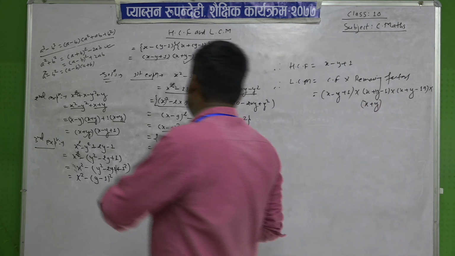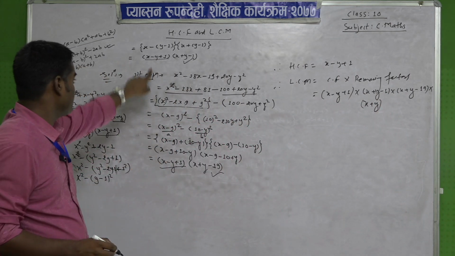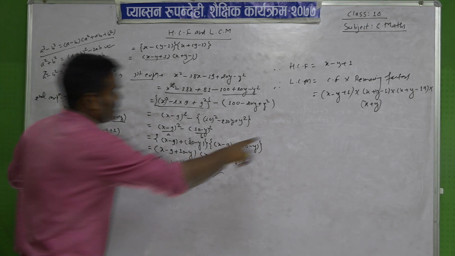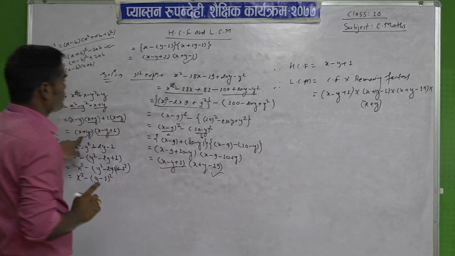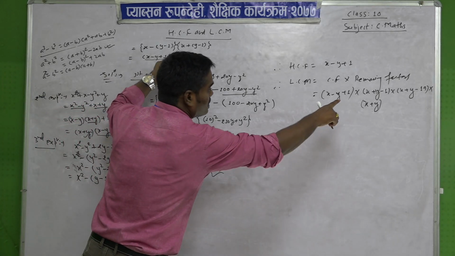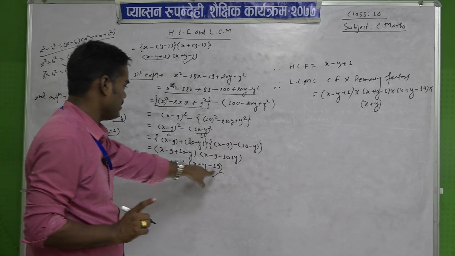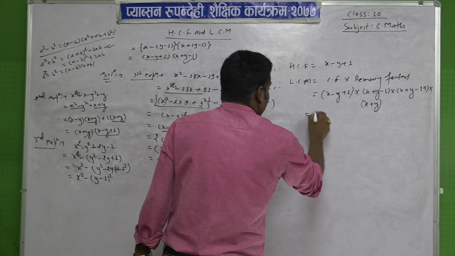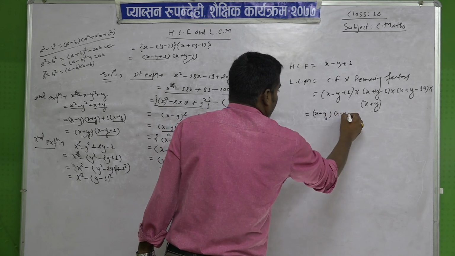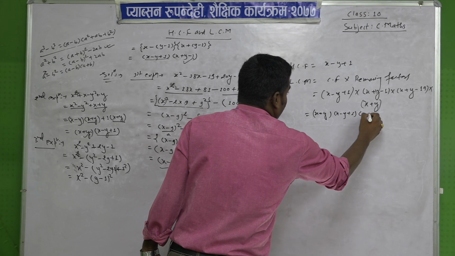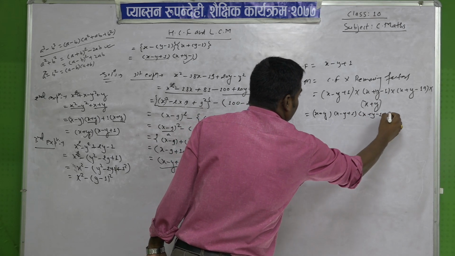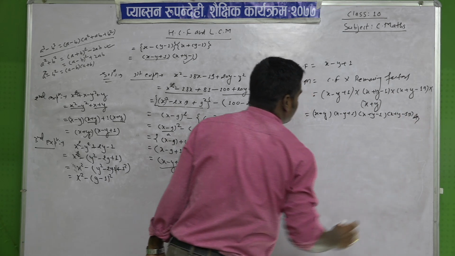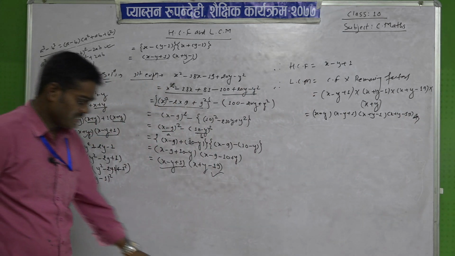Again see, these are common, lying in all expressions. So this is x plus y, x minus y plus 1, x plus y minus 1, x plus y minus 19. This is the LCM.